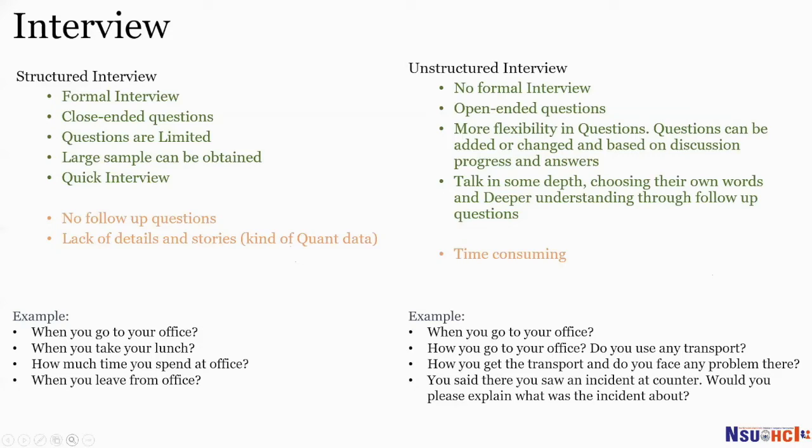In the example for an unstructured interview, when you go to your office, this is more like a structured interview, but the rest of the questions, how you go to your office and how you get the transport, do you face any problems, or just explain your incident at the bus counter, actually portray the total scenario of going to the office. So that is how I can get the full picture of his day.